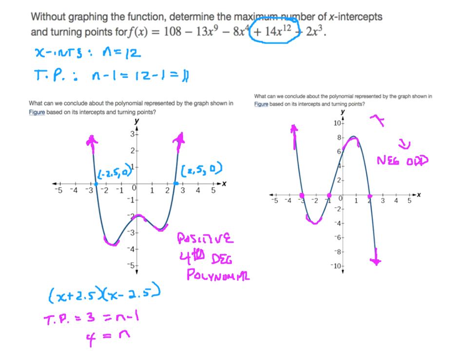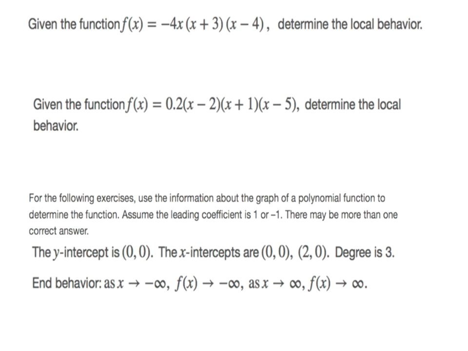And specifically, I have 3 x-intercepts, which means my degree is 3 because I have 2 turning points. So n minus 1 had to equal 2. If I add 1, n had to be 3. There we go. Last slide.